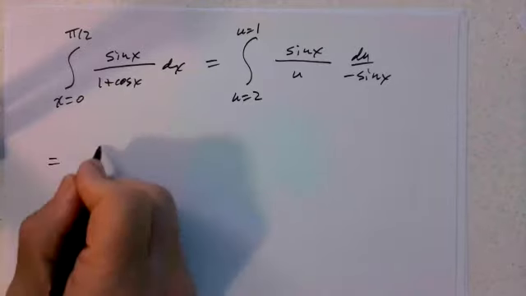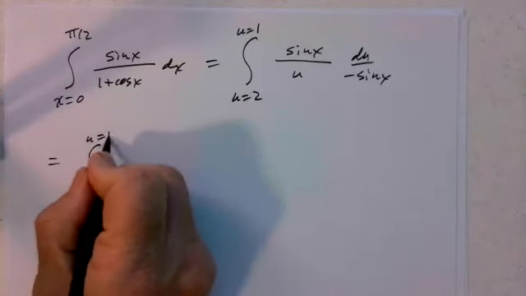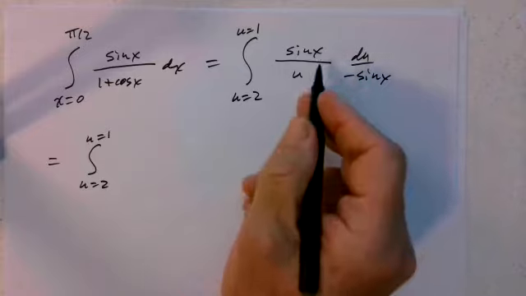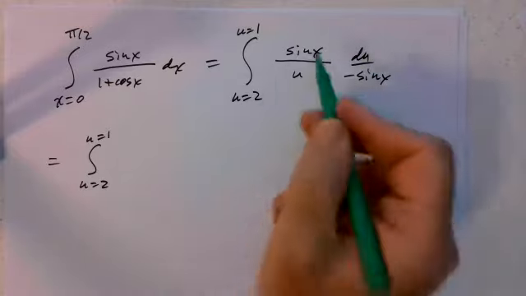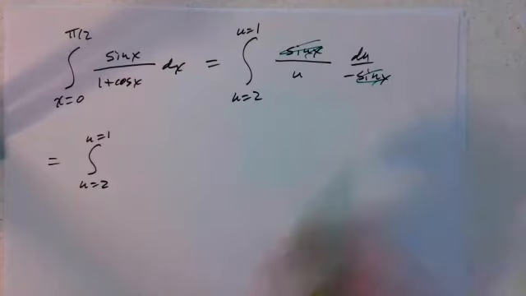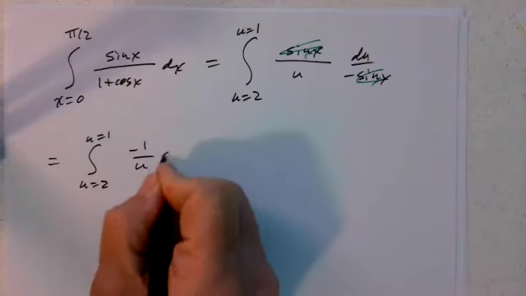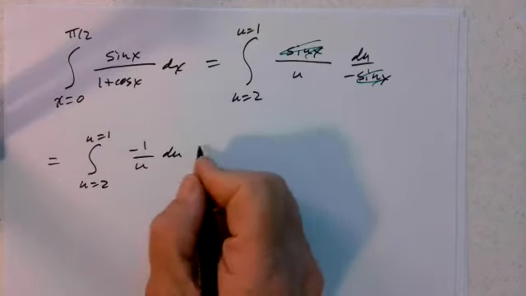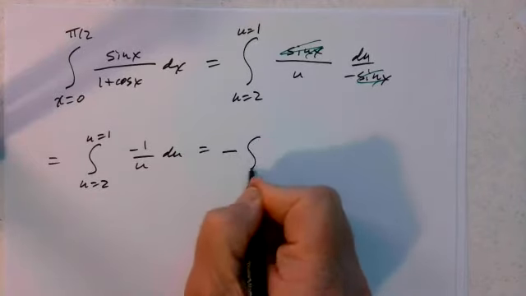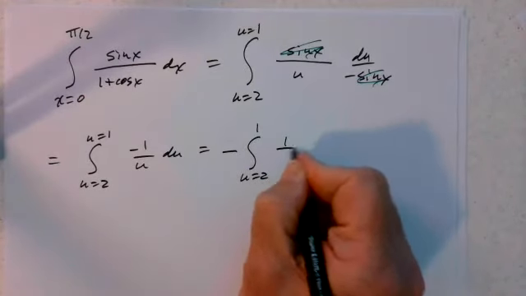So I get the integral as u goes from 2 to 1, which is backwards, which bothers me a little bit. And when the sine x's divide out, the negative down there is still an issue. So I get negative 1 over u du. If I pull the negative out, I can switch the order. This is negative integral as u goes from 2 to 1 of 1 over u du.